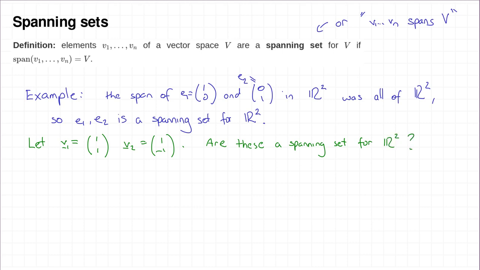So in other words, what we're asking is, is it the case that the span of V1 and V2 is equal to R squared or not? Well, certainly the span of V1 and V2 is a subset of R squared. So the question is just, is this span all of R squared?